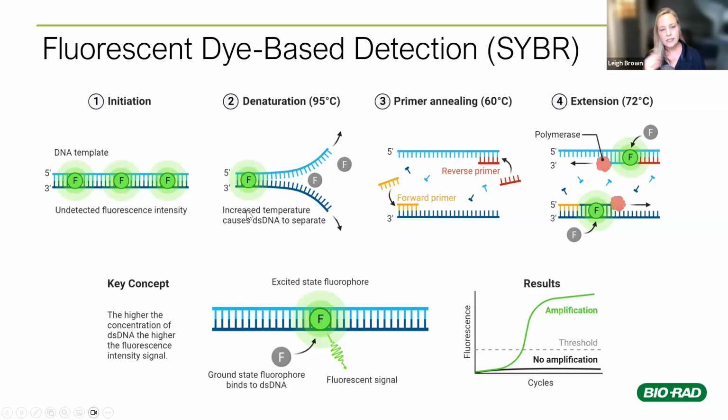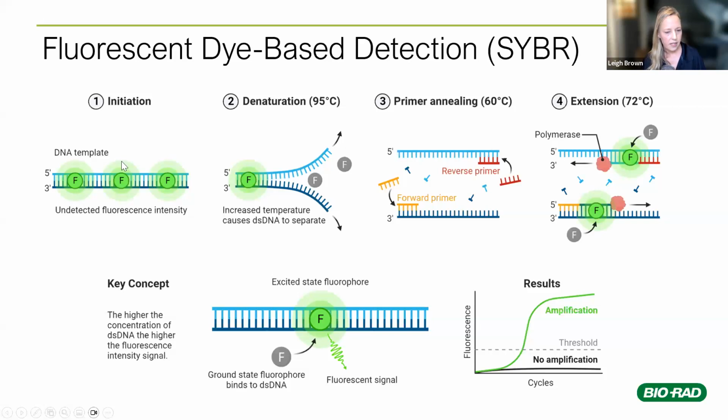Again, we have denaturation at a higher temperature, 95 degrees, and the template strands come apart. The fluorophore is no longer fluorescing because there's no more double-stranded DNA in this particular piece right here. The temperature goes down, primers are annealed, and then we raise the temperature back up. So we have extension, and as soon as we get that double-stranded DNA, again, SYBR will bind.